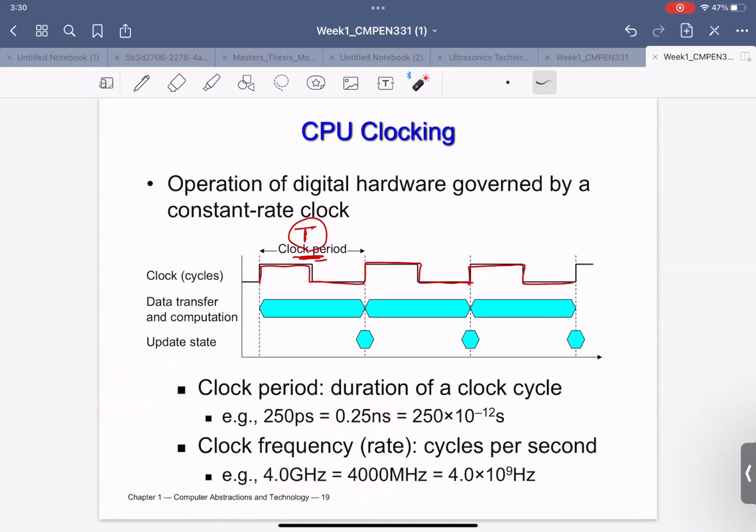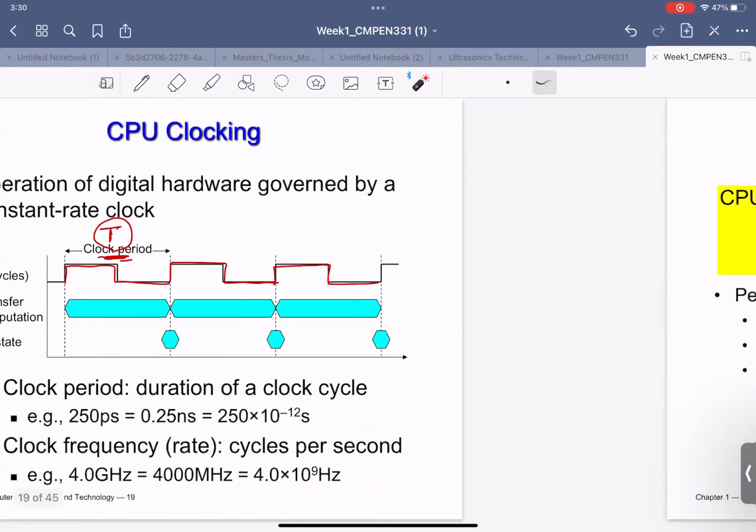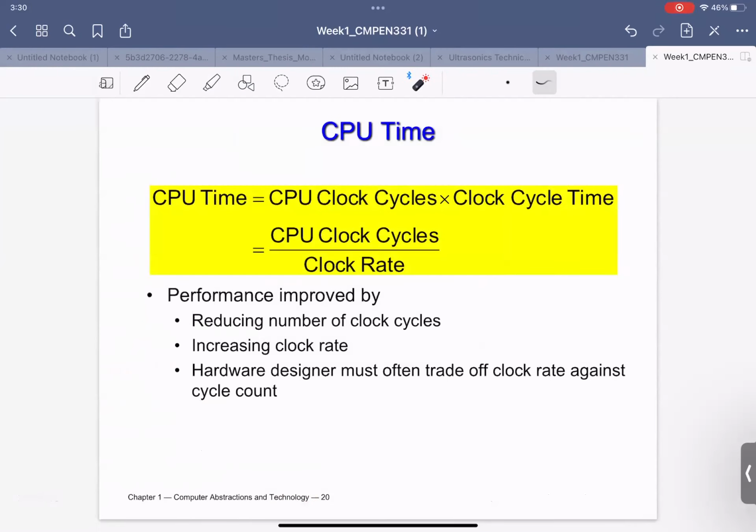Again, just to review whatever we have mentioned, the CPU time is how many clock cycles. In our previous example, we have 3 multiplied by the clock cycle time, which was T in the previous slide. Then you know the CPU time, correct?